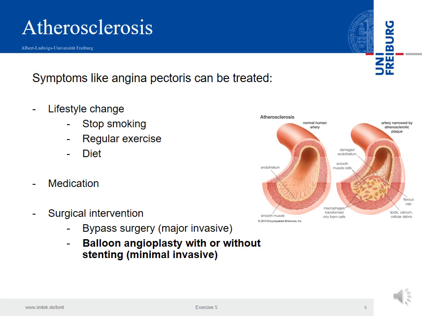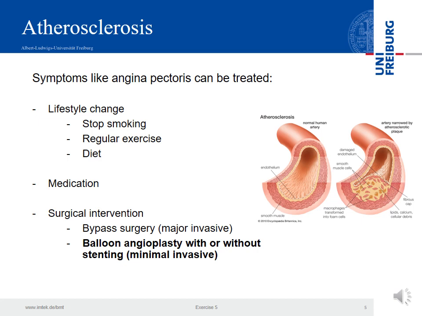So the very easy and brilliant idea is to take a catheter, go inwards to the narrowing, blow up a balloon and expand the artery again. And if the artery does not want to stay open, take a kind of metal cage in there that holds the artery open.